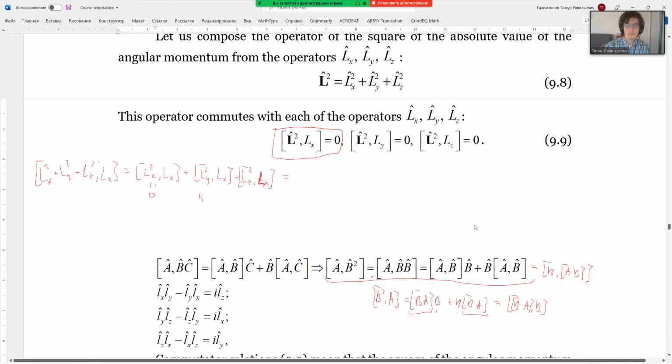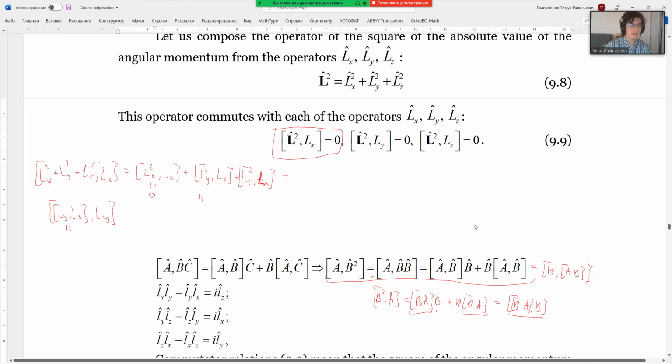What about Ly squared with Lx? If B equals Ly, and A is Lx, we can write the following: B is Ly, commutator Ly with Lx, we commute with Ly one more time.